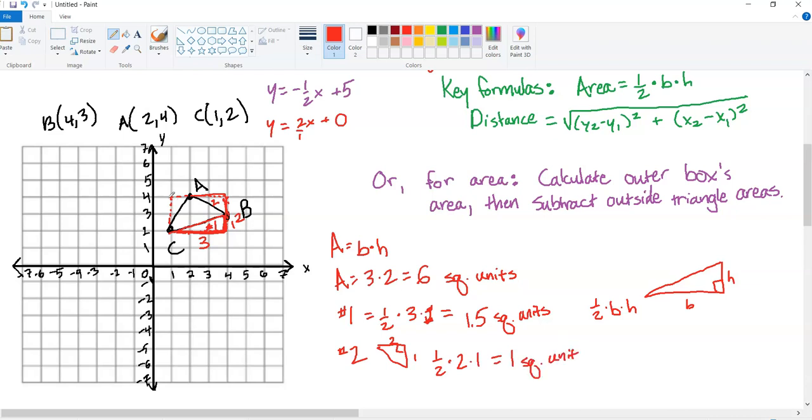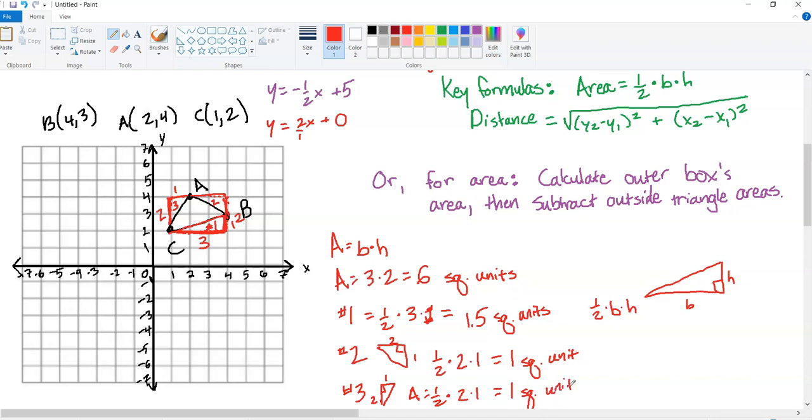And triangle 3 is down 2 over 1. So this is actually the same. That's going to end up being equal to the other one. There's 3. And that looks something like this, where it's 2 and 1. And again, I'll do 1/2 base times height. Area equals 1/2 times 2 times 1, which is 1 square unit.